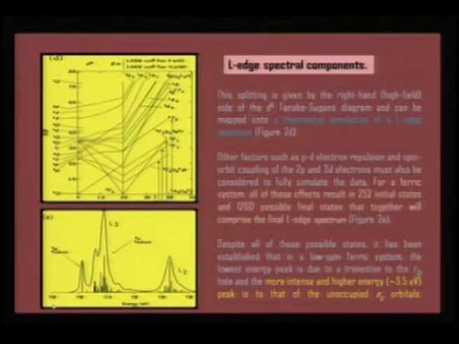If you single out just the L-edge spectral component for complexes with a metal center, then your Tanabe-Sugano diagram will help you simulate theoretically how many L-edge spectral features can originate.